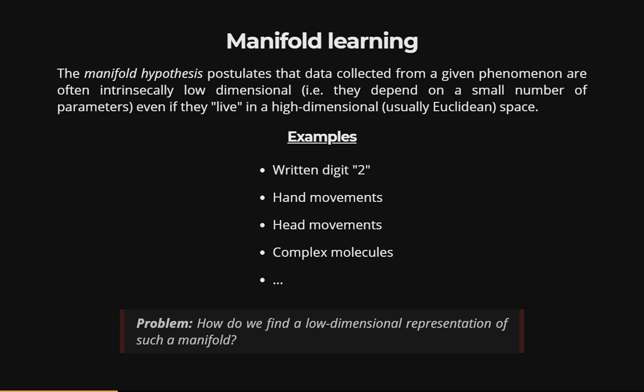And other stuff. So the problem is, how do we find the low-dimensional representation of such a manifold? Now, a low-dimensional representation, what does that mean? Because you have some points in Rn, you can always project to a plane. Who cares? You take a random plane and you project your data over it.